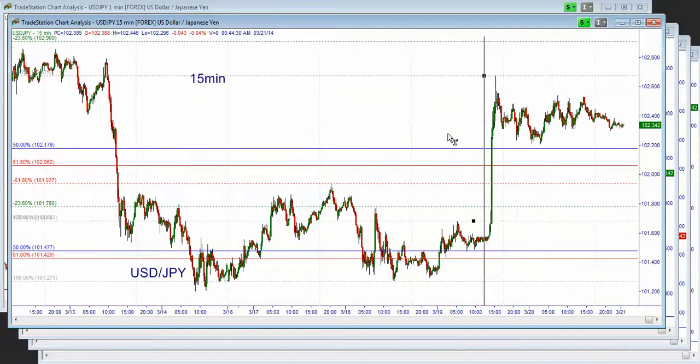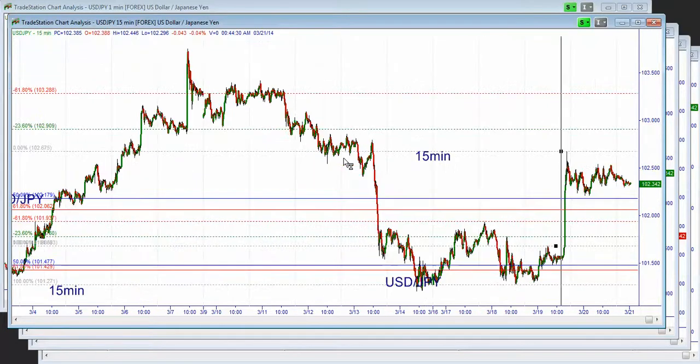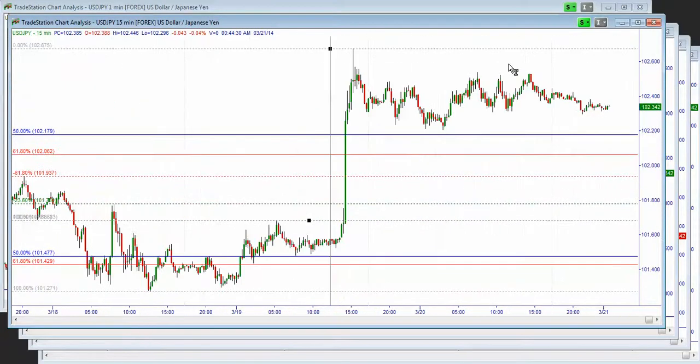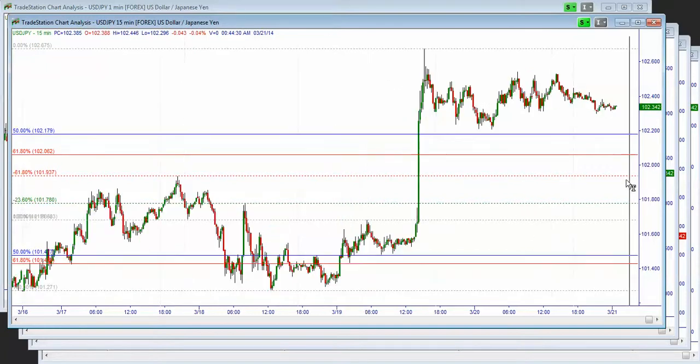So we will get a retracement in this market only if we move below this 102.06. This is an extension, so we have the potential to continue higher, especially if we get continued strength in the dollar, and we continue higher into 102.90 and 103.25 here. It is possible that tomorrow this market will just continue basing on top of this 102.17, and the actual move will come next week.